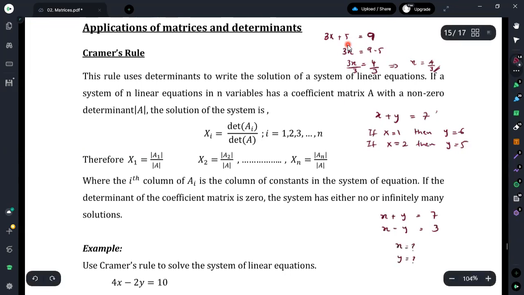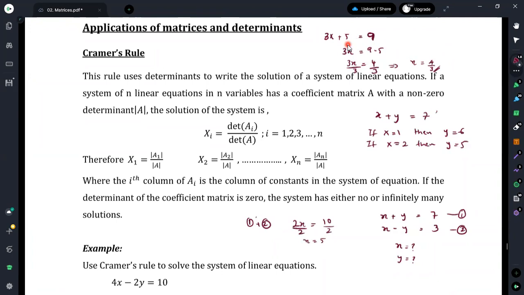You can mark them as equation 1 and equation 2. Adding these two equations, you get 2x equals 10, so x equals 5.